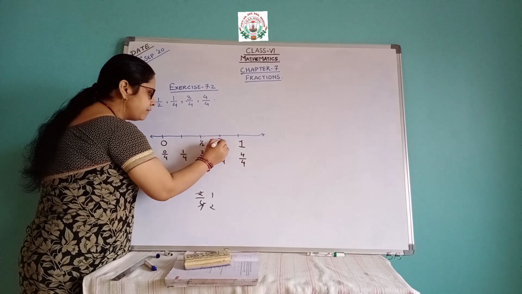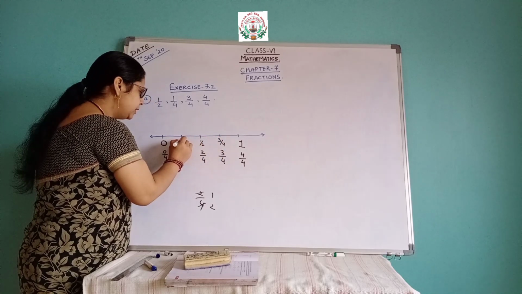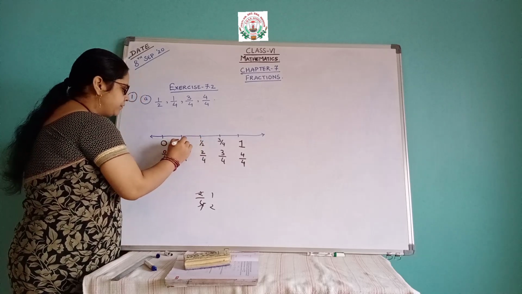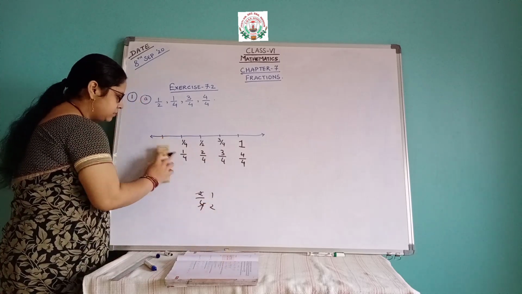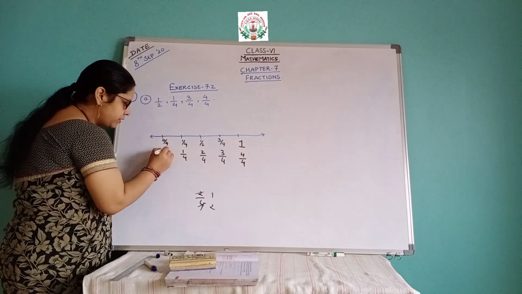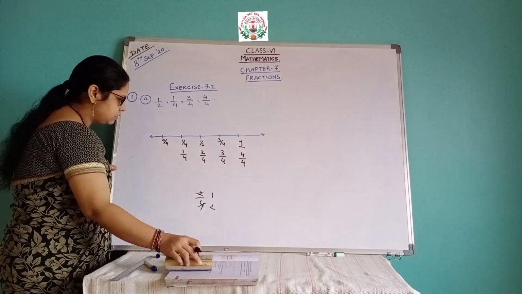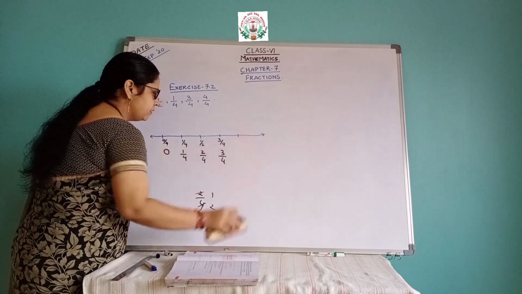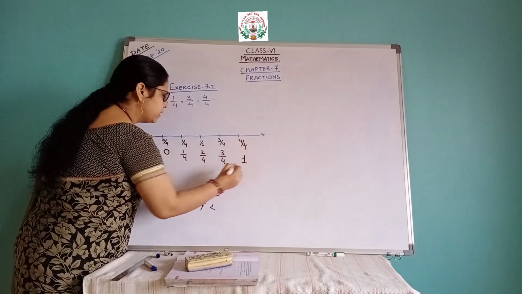And it is 3 by 4 and 1 by 4. Here you can write down 0 by 4, here you can write 0, and here you can write 4 by 4 and here 1.